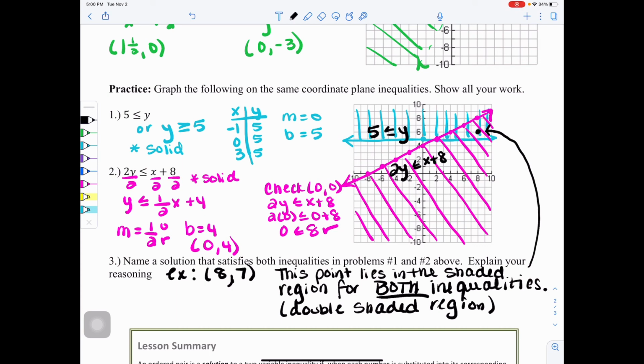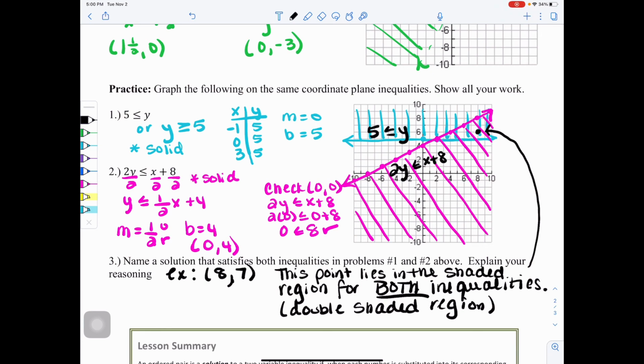In number 2, this is closest to looking like y equals mx plus b form. So I decided to go that route. I got y by itself by dividing everything by 2, which left me with y is less than or equal to 1/2 x plus 4. That means my slope is 1/2. I'm going up 1 to the right 2.